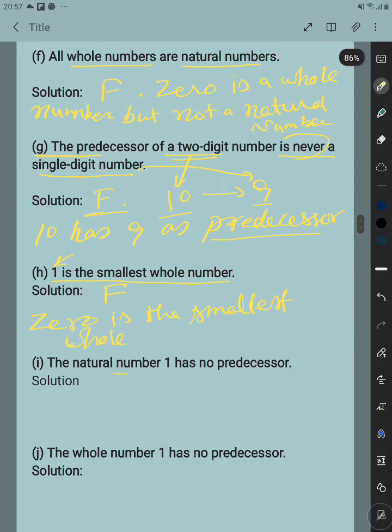The natural number 1 has no predecessor. Is it true or false? It is true. Why? Because natural numbers start with 1.